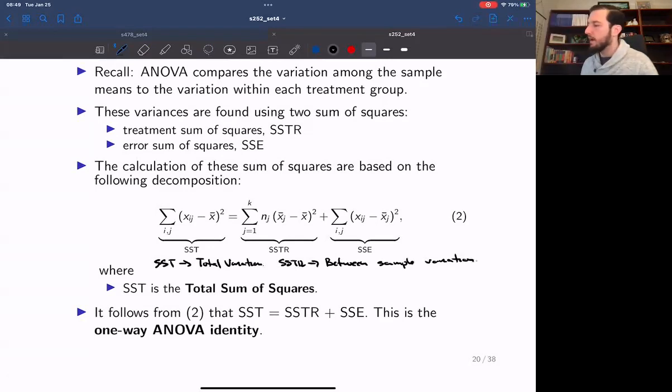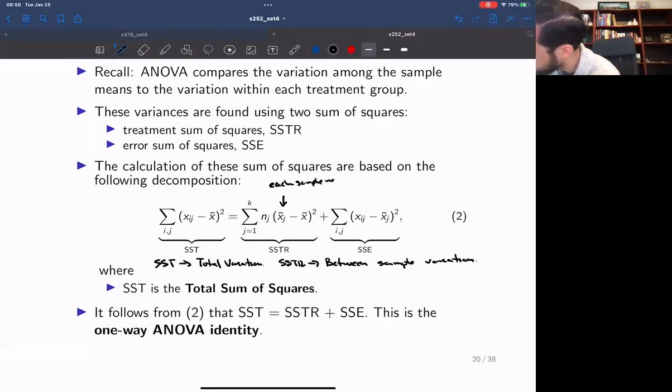Okay. And you can see why this is true if you look at the formula here. We have each sample mean, and here we have the overall sample mean.